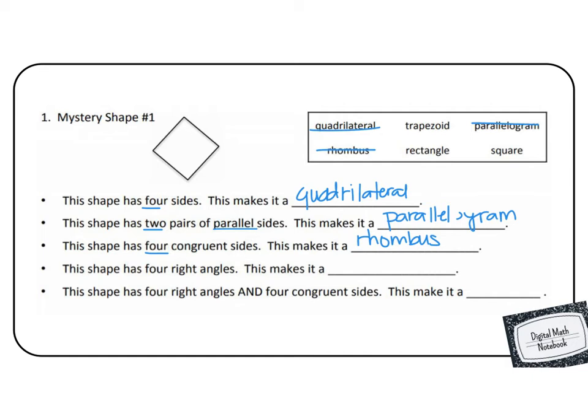That makes it a rectangle. And our last clue, this shape has 4 right angles and 4 congruent sides, which means that it is a square. Which means the only word that we didn't use is trapezoid. Pause now to type in these words to your digital math notebook.